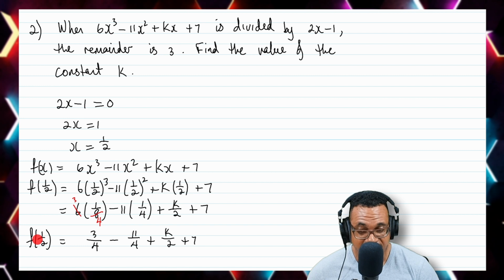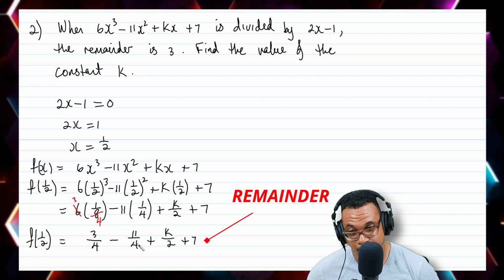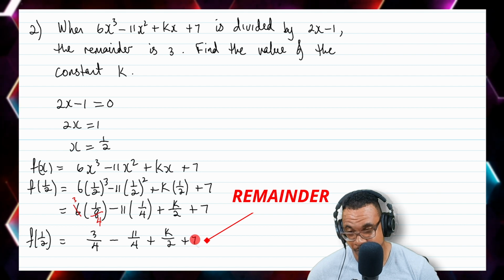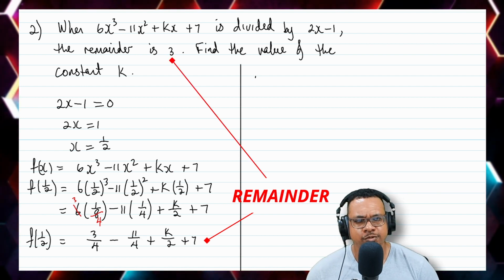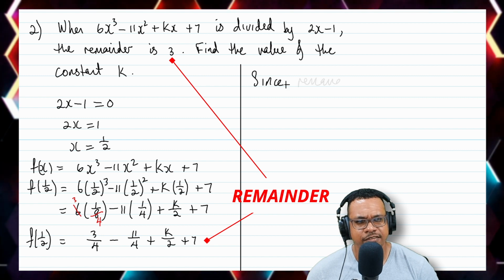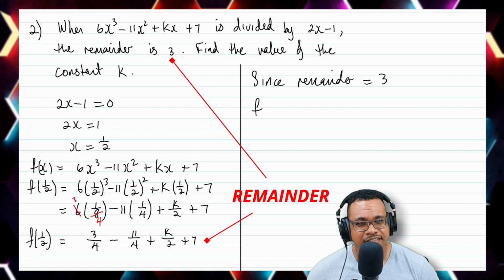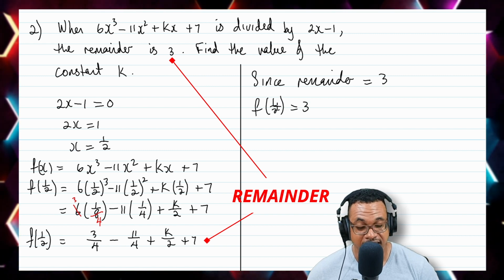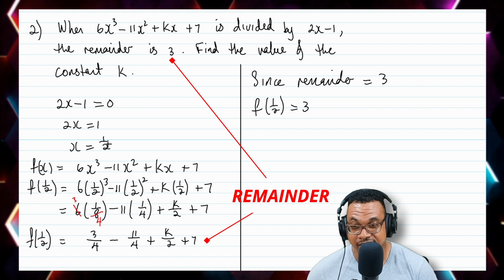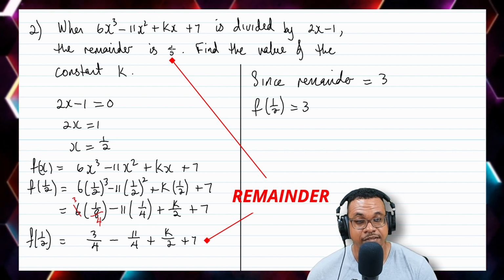So this f of a half is equal to the remainder, which is also equal to this 3/4, take away 11 over 4, plus k over 2 plus 7. And we know the remainder is equal to 3. So since the remainder is equal to 3, f of a half is also equal to 3, because f of a half is substituting this answer here into your dividend to get the remainder of 3.